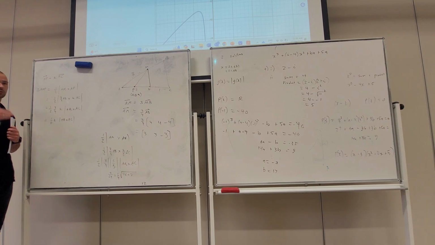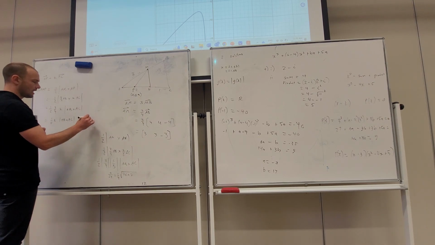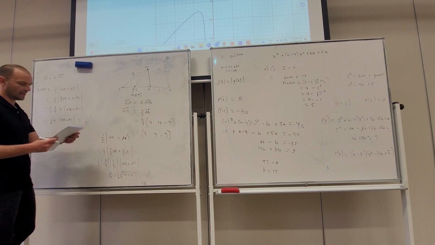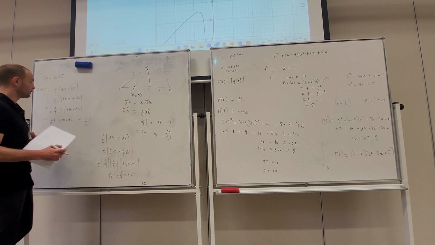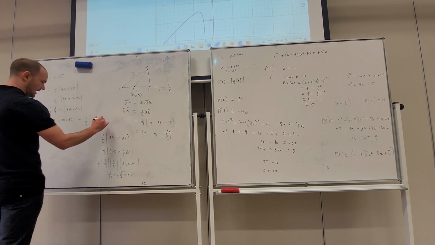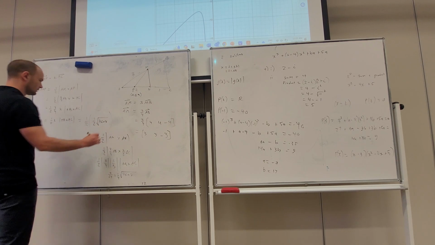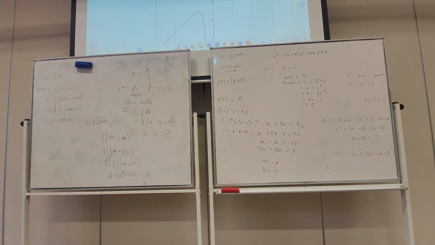Now we want triangle AMP to be 1/12 of the area of triangle ABC, which we found before is half root 4608. Based on this, K has to equal half.